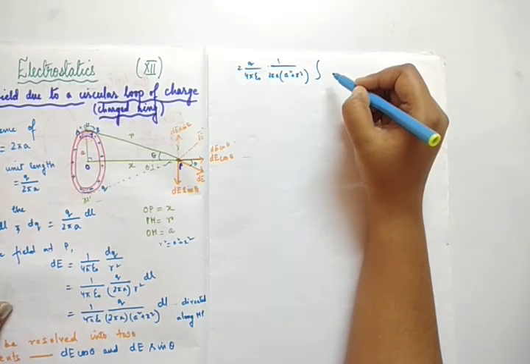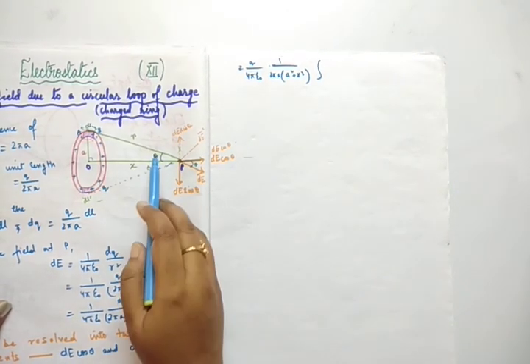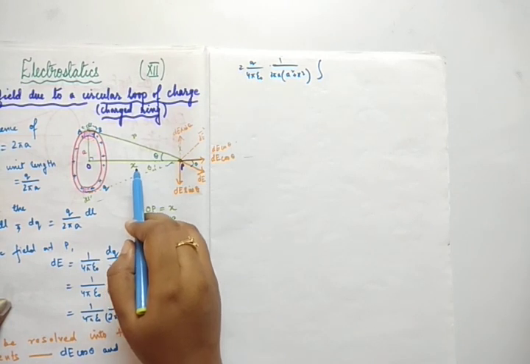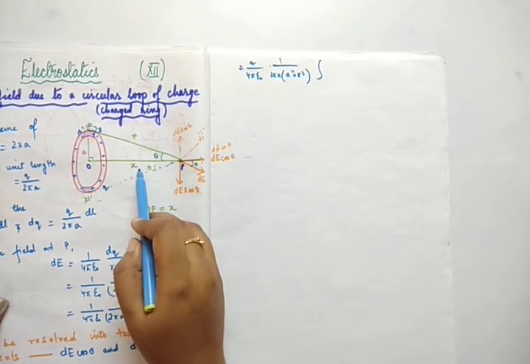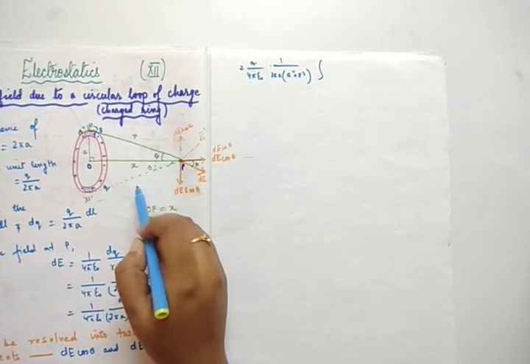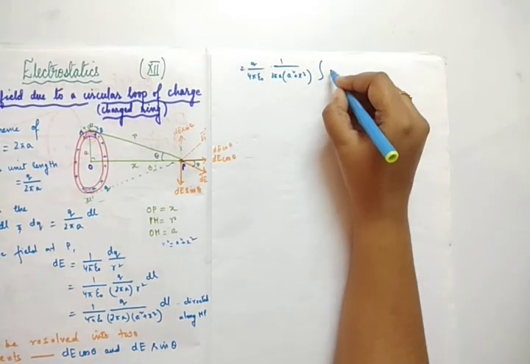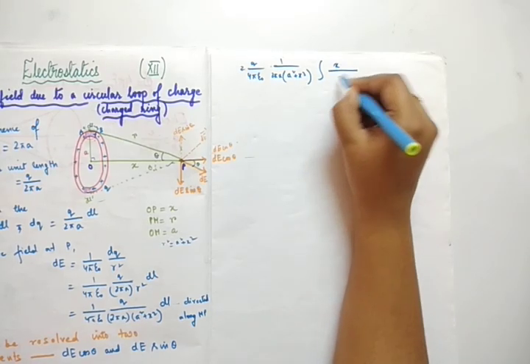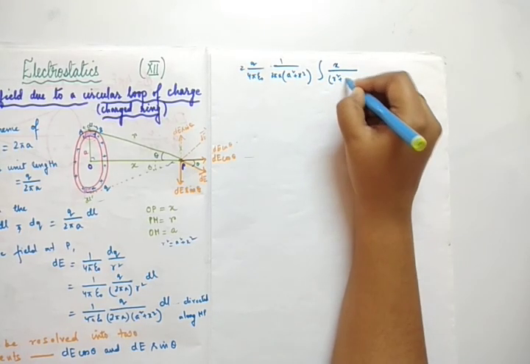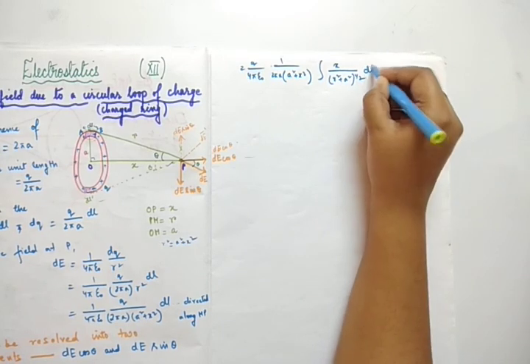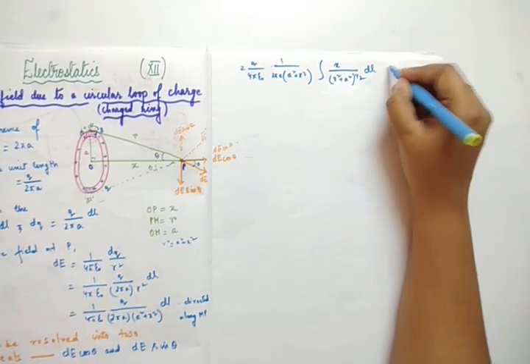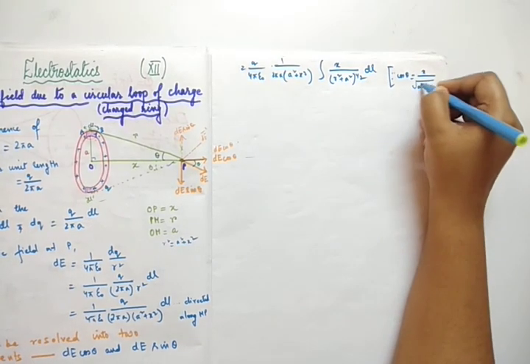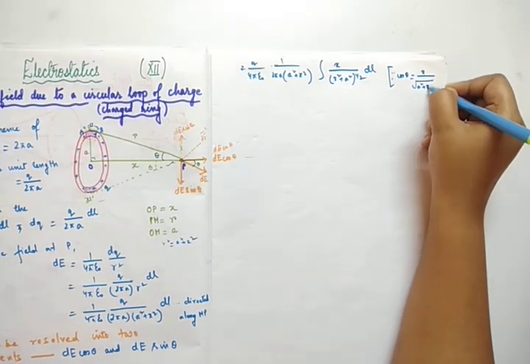Now what is cos theta? Cos theta is base by hypotenuse, so it will be x by root over a square plus x square. So cos theta will be base by hypotenuse, that is x by a square plus x square to the power half.